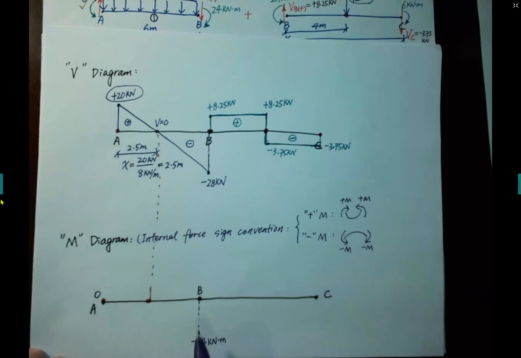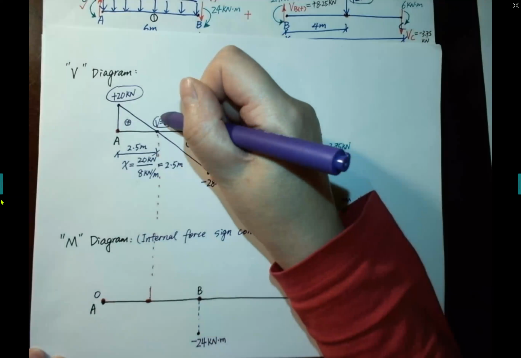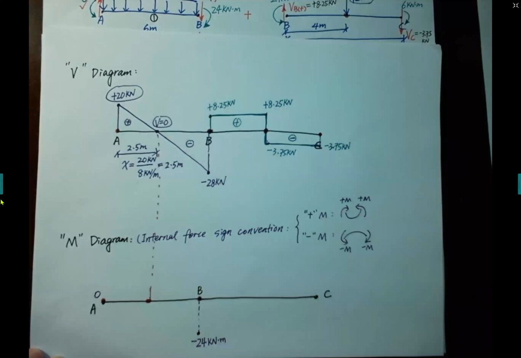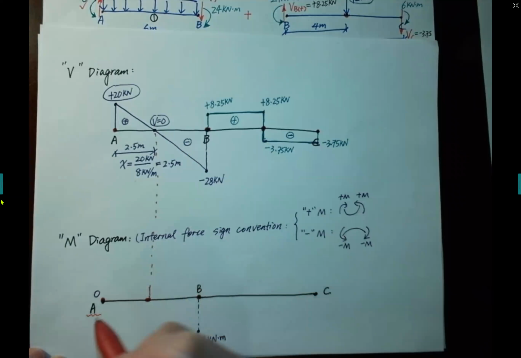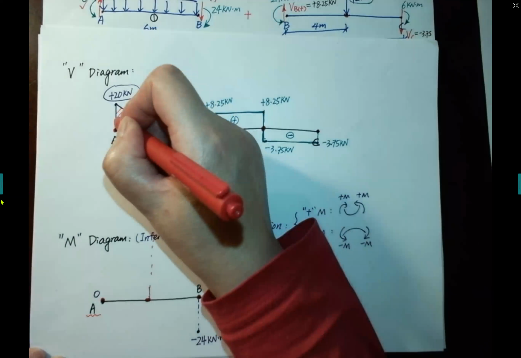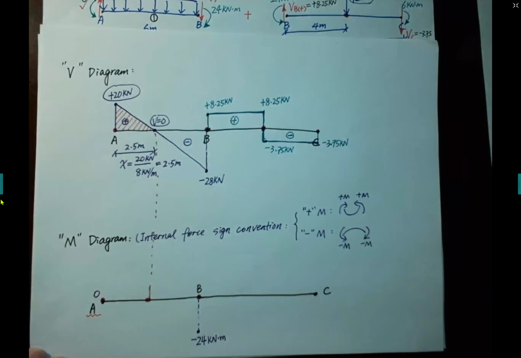So for the AB segment, we already know the two key points, A and B. The only key point left is the V equal to 0 location. In order to calculate the maximum moment, we will use the moment at A plus the area between A and V equal to 0.